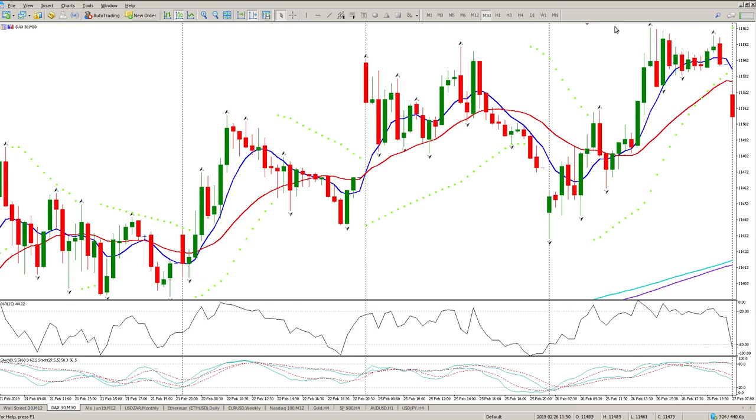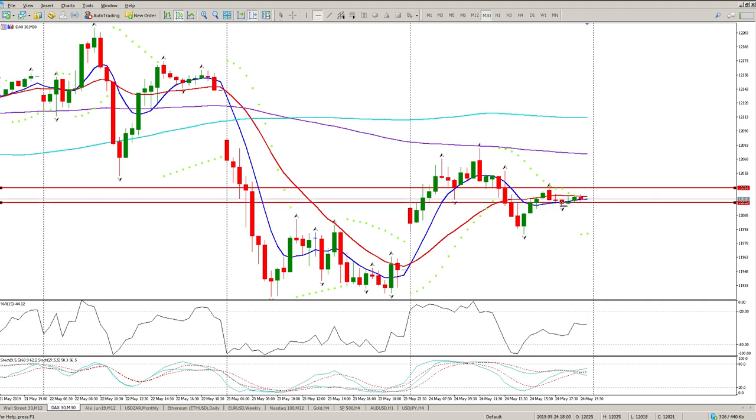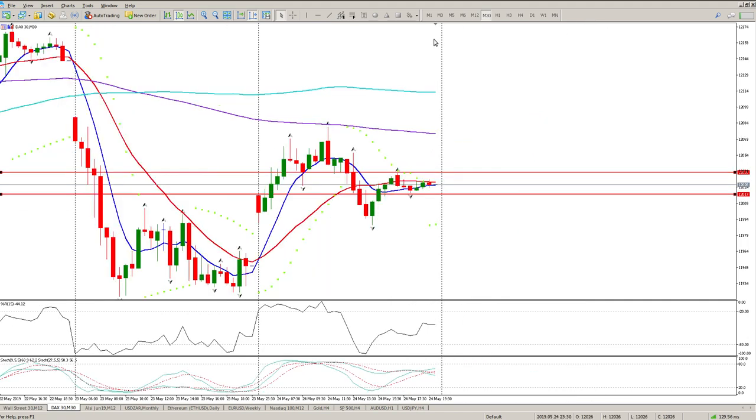So again, take these two little levels here, and I reckon it's a small risk. So even if you just take a small position on the break of that, it may be something which will rally, come back a bit, build a higher low, and then rally again, which will give you another option to add to your position.